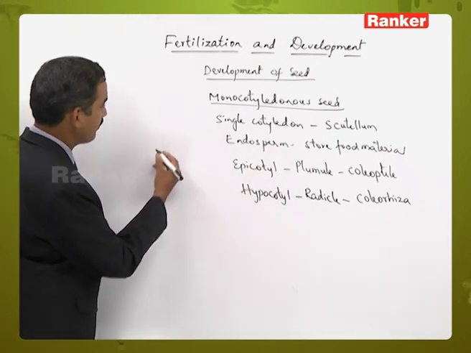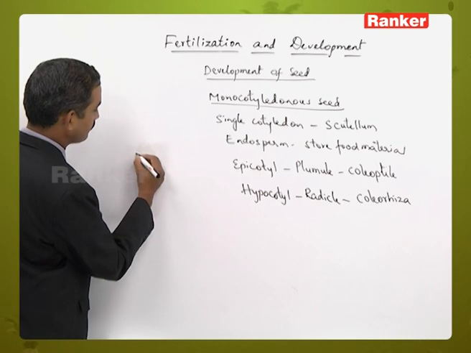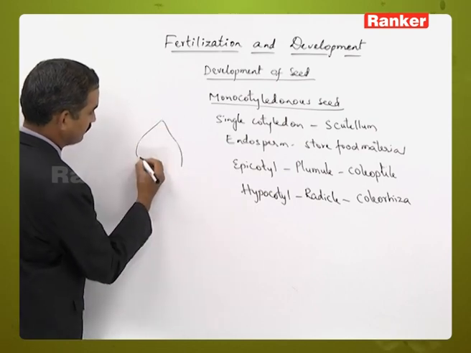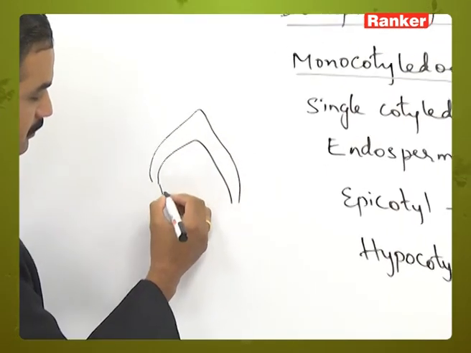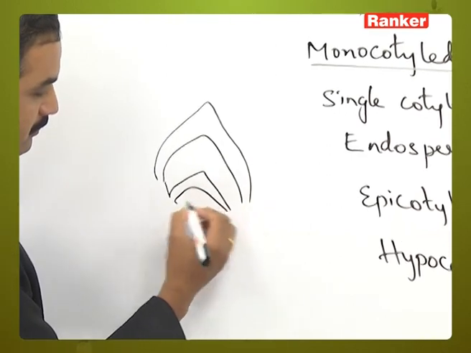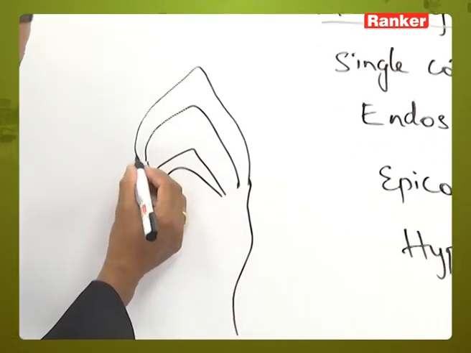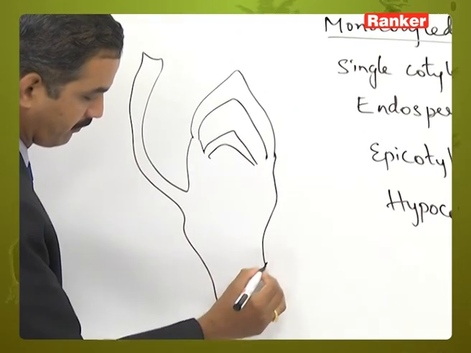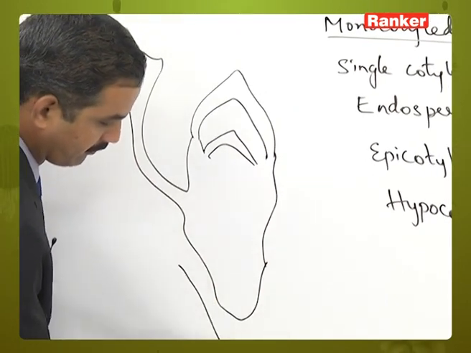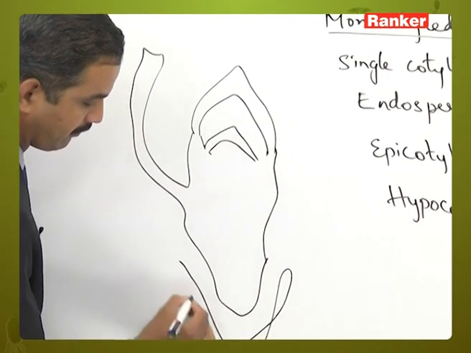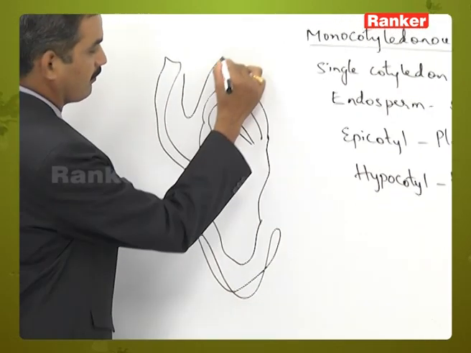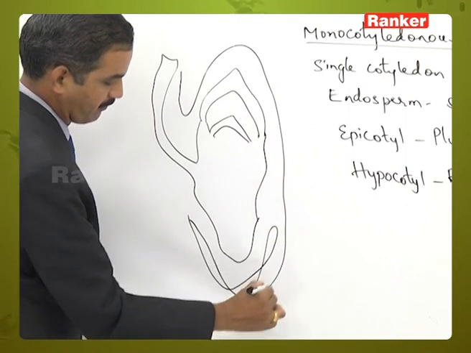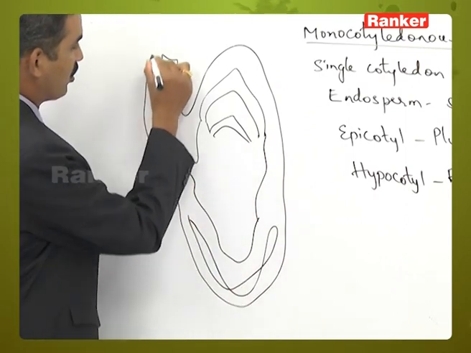If you observe the structure of this monocotyledonous seed, like this we can see the structure of the monocot seed.